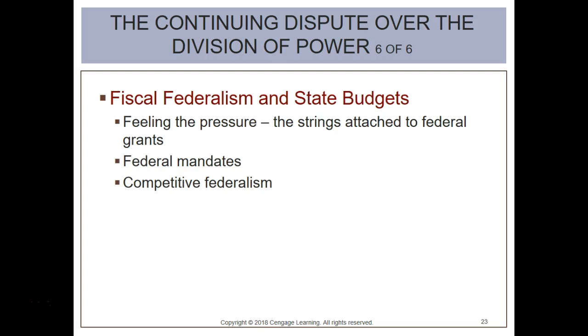Federal mandates require states to take action on something. Usually they will not be given additional funding or any other type of resources if they do not follow these mandates. What ultimately happens is we see competition for resources, and again, back to the basis of political science. Political science is a fight for resources.